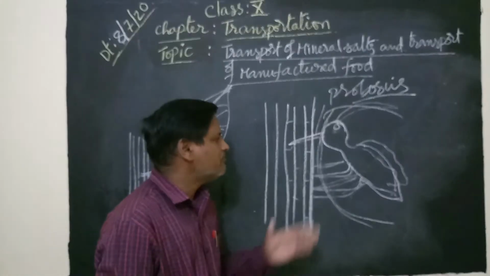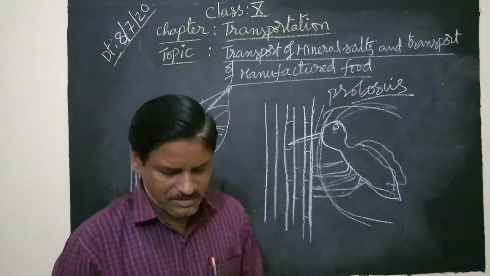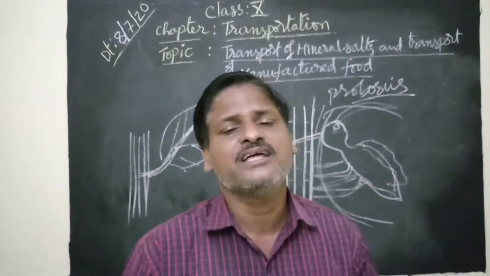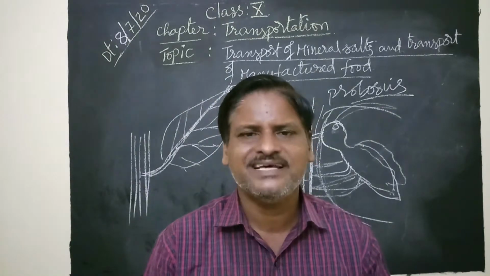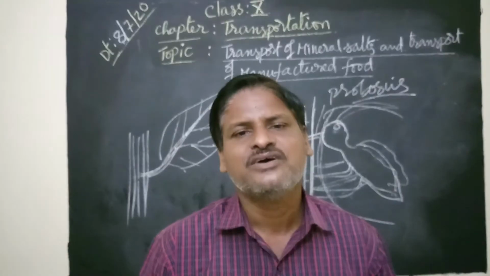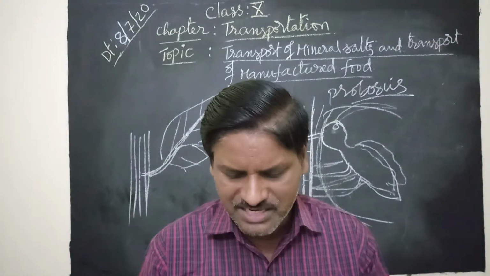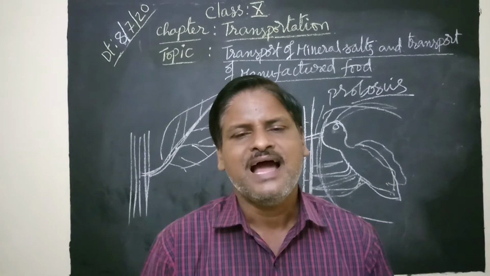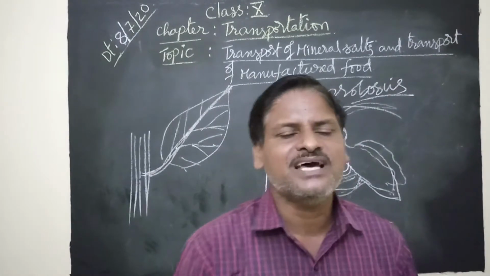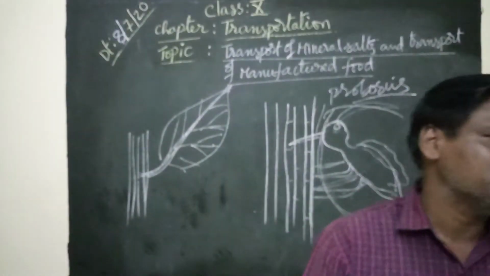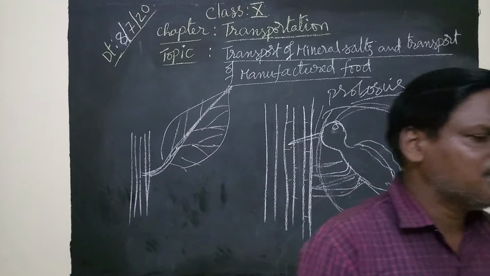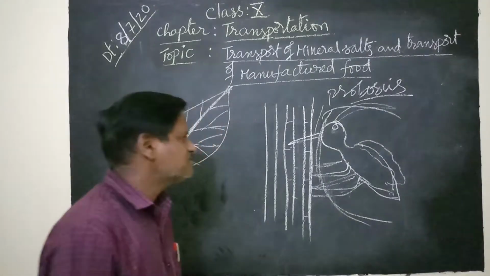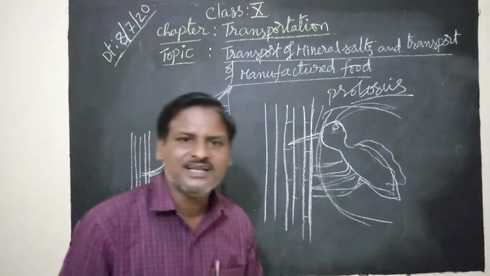Whenever they are present on the leaves, these excess sugars are released in the form of droplets from the proboscis and fall down on the leaves. If you touch those leaves, they are very sticky, children. This is called honey dew.